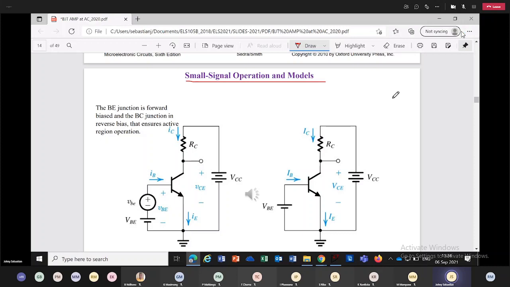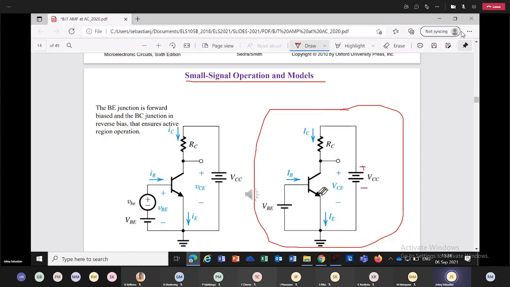In that case, what is going to happen? Look at the second diagram here. This is a standard connection biasing a BJT amplifier. VCC is used to bias the collector emitter, and there is VBE used to bias the base emitter.